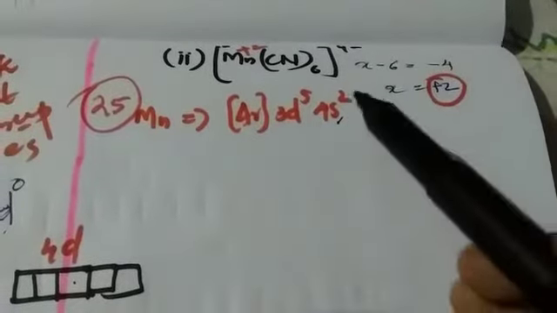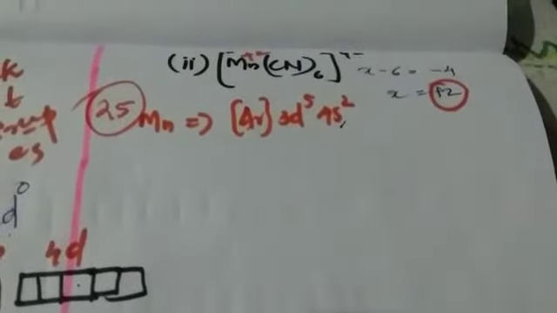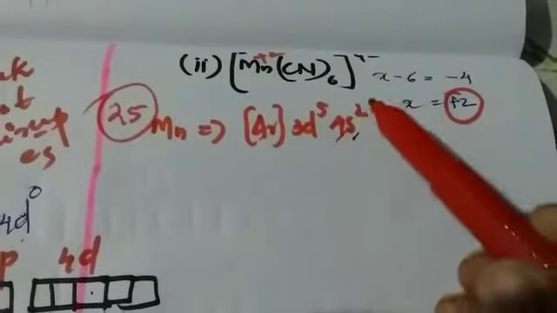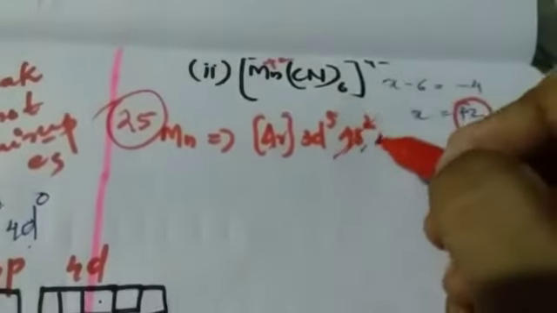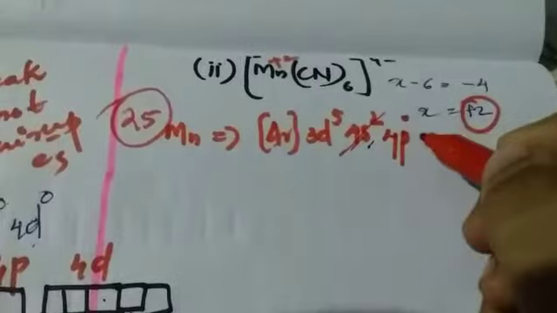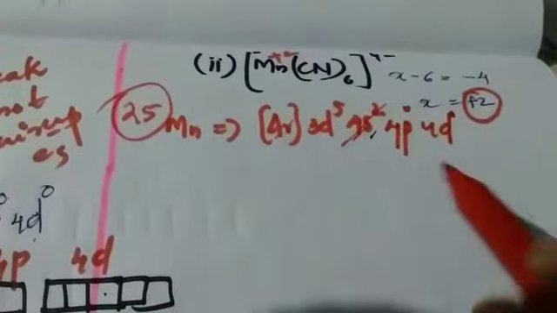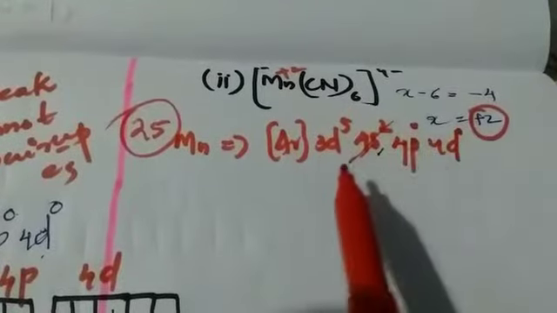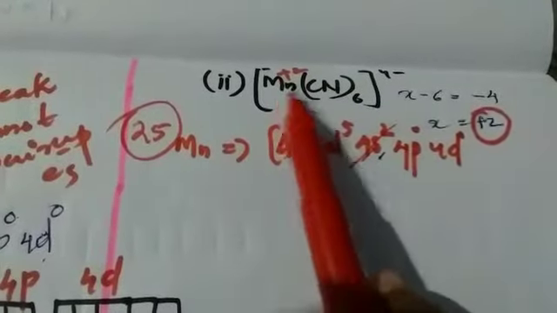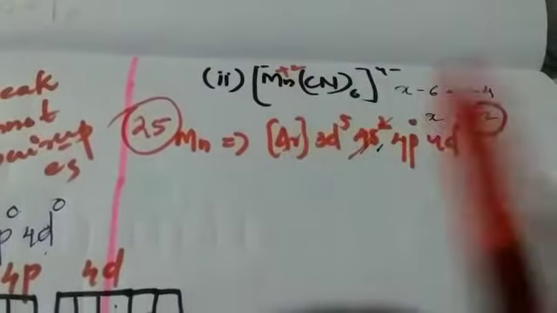So 2 electrons will be removed from 4s. Here 4p and 4d are also present, don't forget about it. 4p and 4d are also present with no electrons. So 2 electrons will be removed from 4s since manganese is in +2 oxidation state.